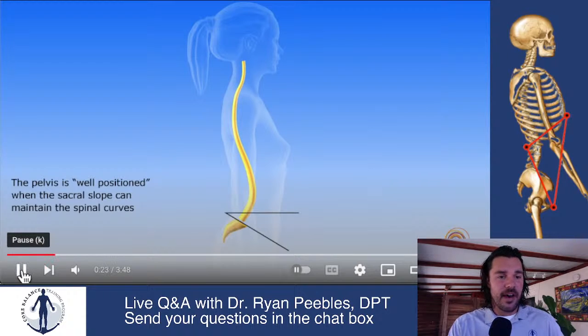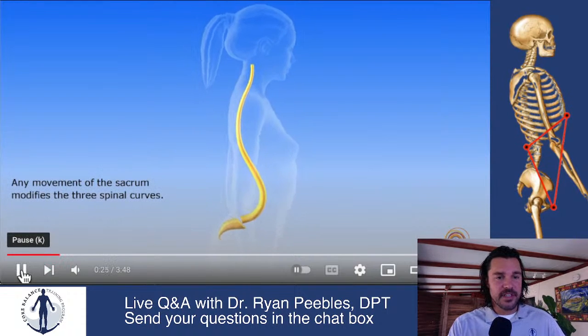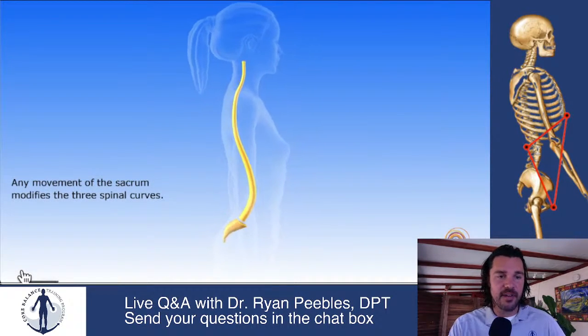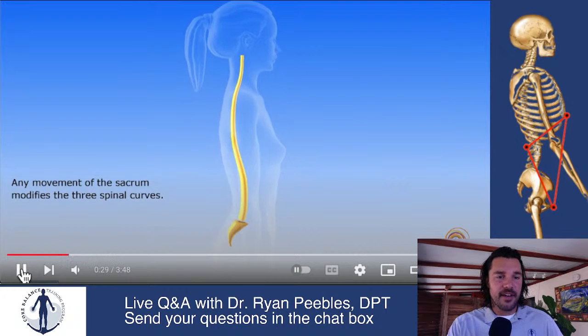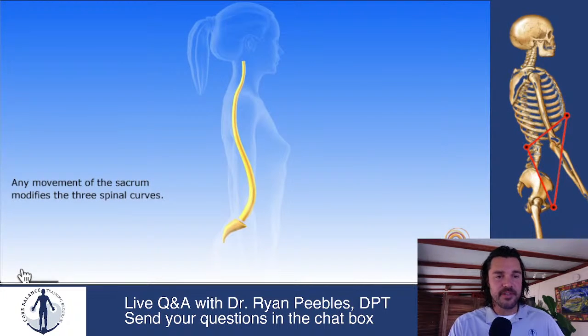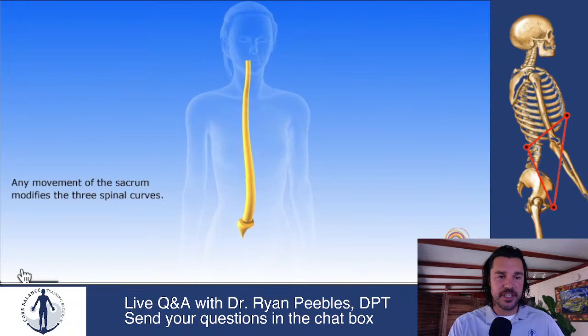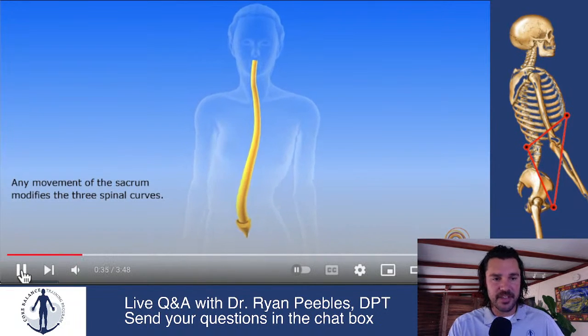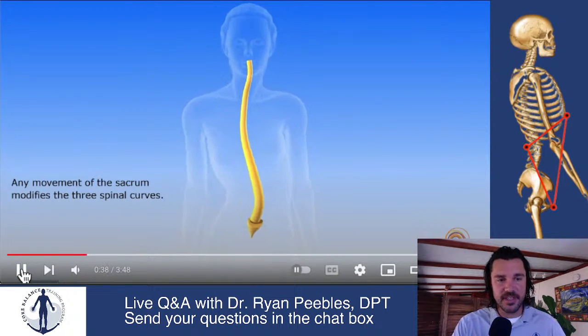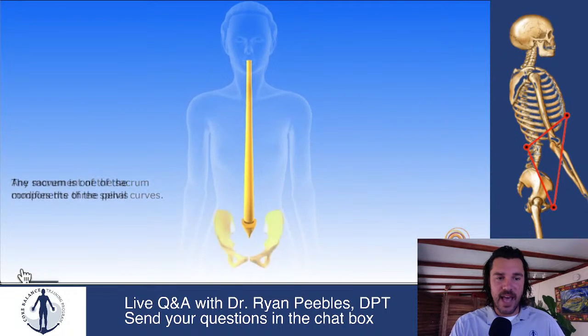So this is just going to show some movements of the spine and the pelvis in general, and just some different ways that it moves. So that first arched position of the back would be anterior pelvic tilt. Here's some scoliosis, so it's lateral tilt.